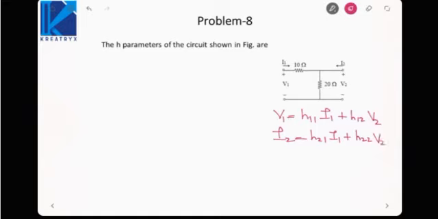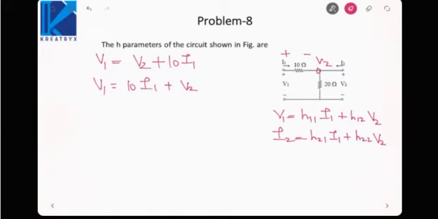To determine the hybrid parameters, first of all, we need the relationship between V1, I1 and V2. Now if we say the voltage here is V2, so by KVL what is V1? V1 is V2 plus 10 I1, or V1 is equal to 10 I1 plus V2. So this is how we can formulate our first equation.